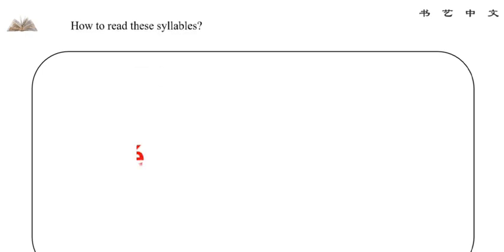How to read these different syllables? Read after me. O, a. Please pay attention to that. When we pronounce these finals, we don't need to change the mouth shape, and keep your mouth long and loud.